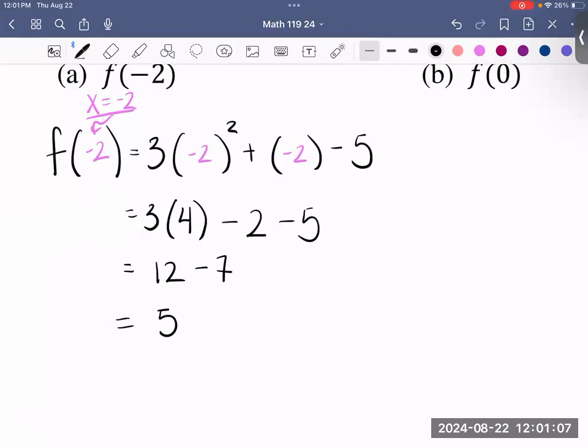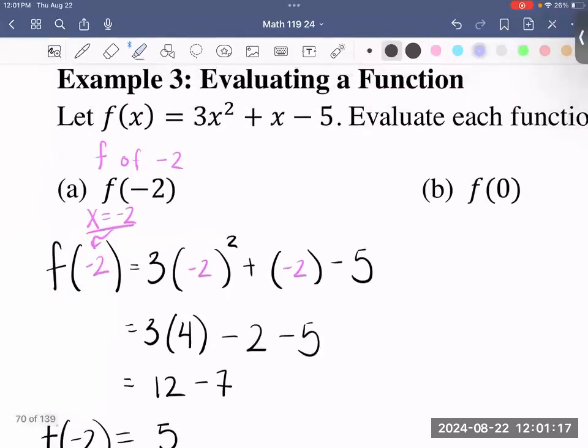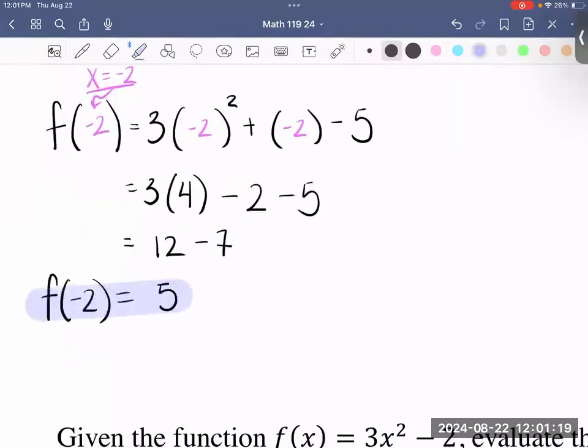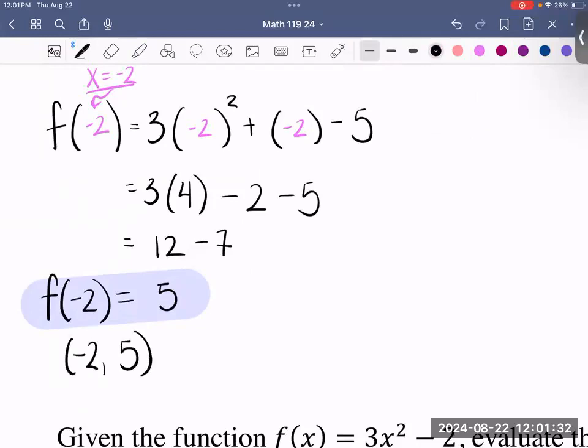We want to know, okay, well, what did we have to do to get this 5? So we have to restate that we put in a -2 to get out a 5. So by putting in a -2 into your function, we get out a 5. Now this is a point on your graph. So another answer you can also put is -2, 5.